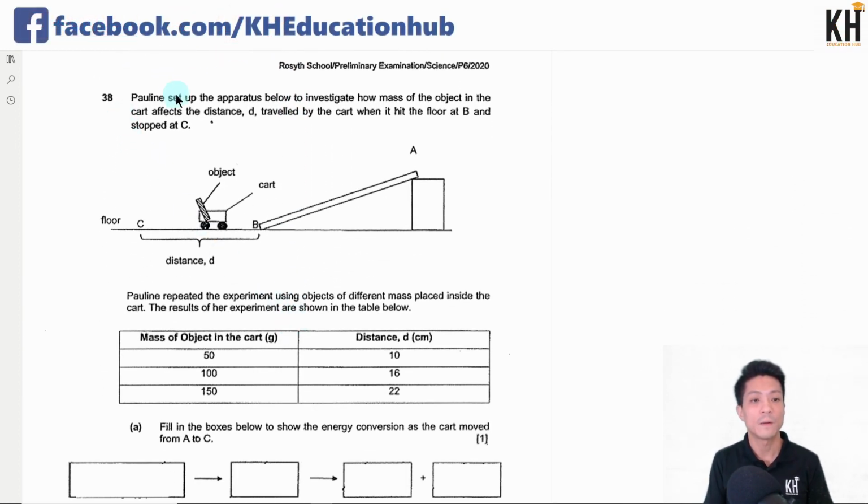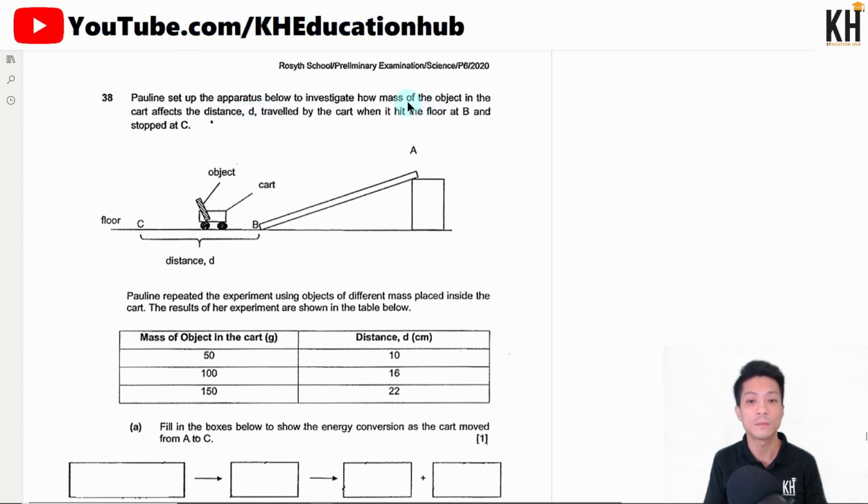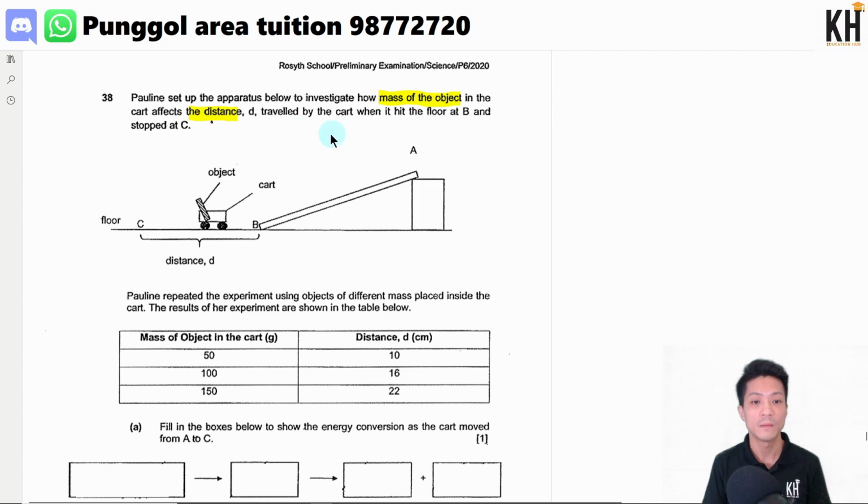Okay, question 38. Pauline set up the apparatus below to investigate how the mass of the object in a cart affects the distance d. So how the mass of the objects in the cart affects the distance. This is the changed and measured variable.